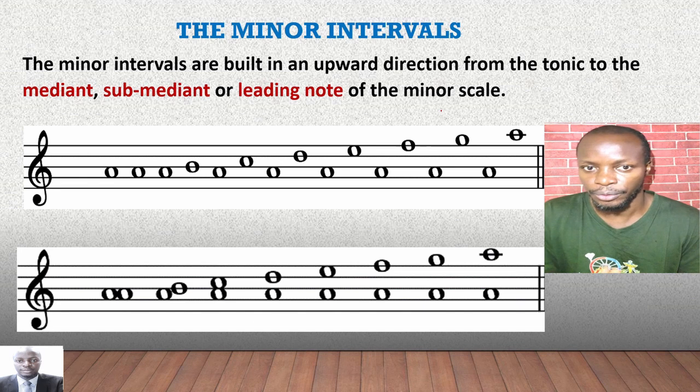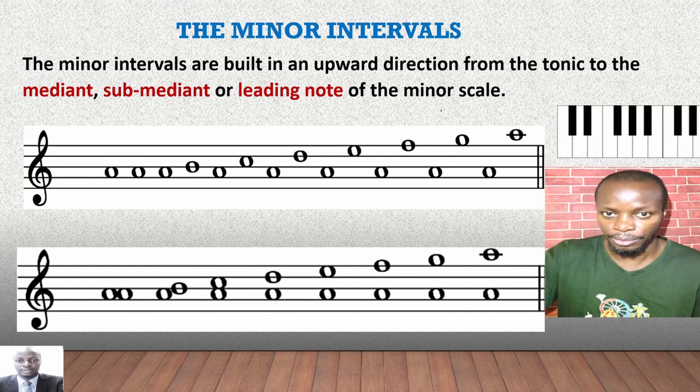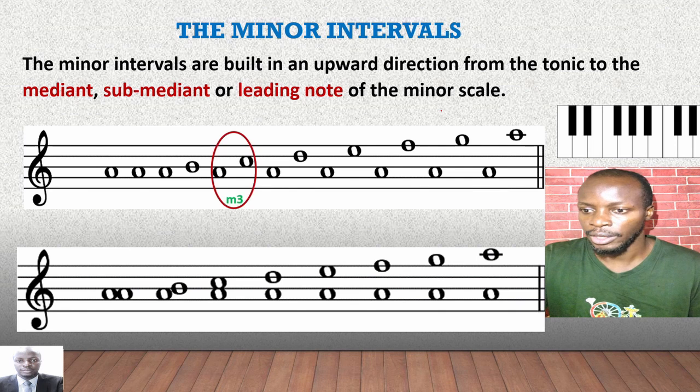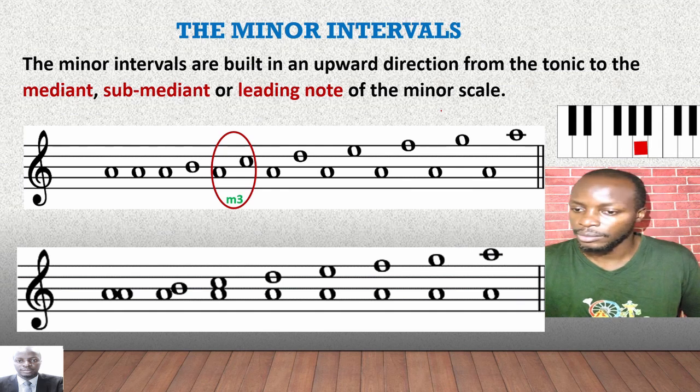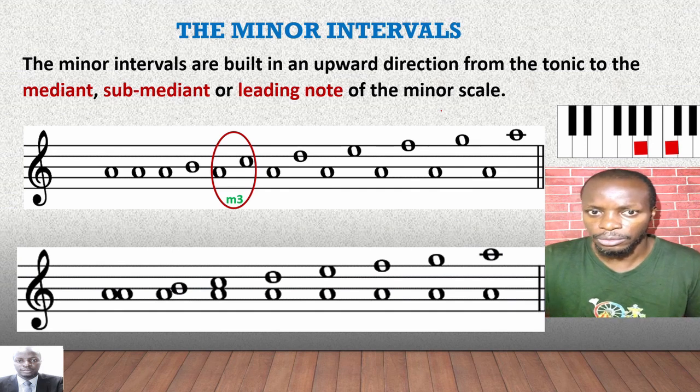Now let's check where we can find the minor intervals. Of course, the keyboard here will help us to get the specific number of semitones between the intervals, right? So when you build a melodic interval between the tonic of a minor scale and the third, that is La, Do, that is a minor third. Let's see the number of semitones between them, you see that is just three semitones.